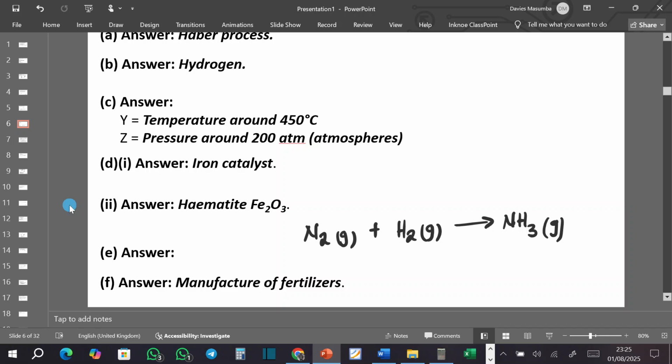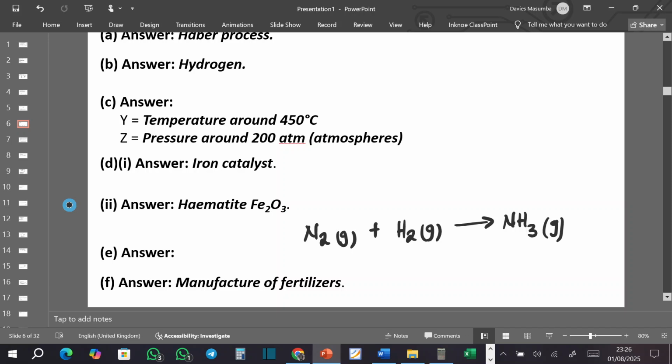You start looking at atoms individually. This nitrogen here has a 2, which means there are two atoms of nitrogen. When you come to the other side, there's N here and a 1 which we don't indicate, so we have one atom of nitrogen. In nature, there's no way you can have two nitrogen atoms at the start and one at the end.